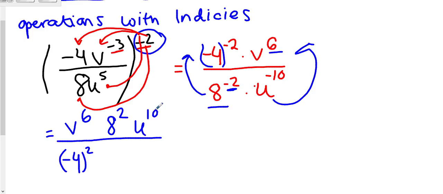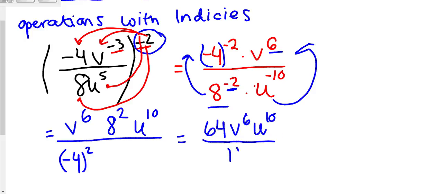Now that all of my exponents are positive, I can combine and multiply what I need to do. So 8 squared is 64. I'll have v to the 6th, u to the 10th. All of that will be divided by a positive 16. And we can simplify here. An 8 can go into 64 8 times, and 8 can go into 16 twice. 8 and 2 actually still have something in common.